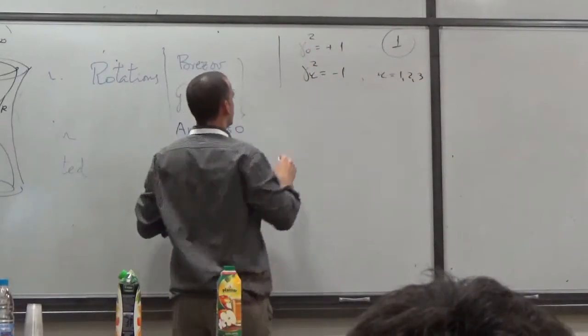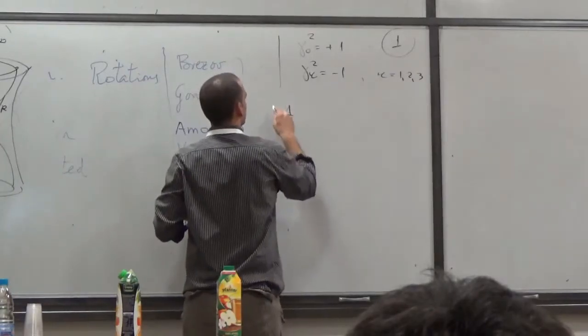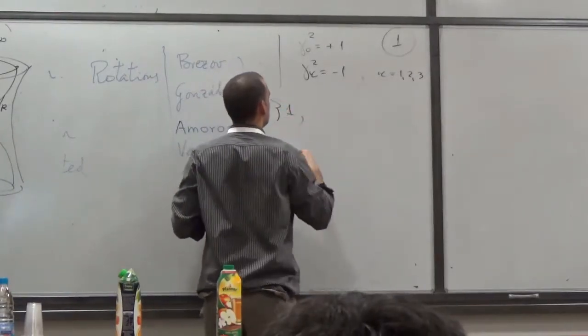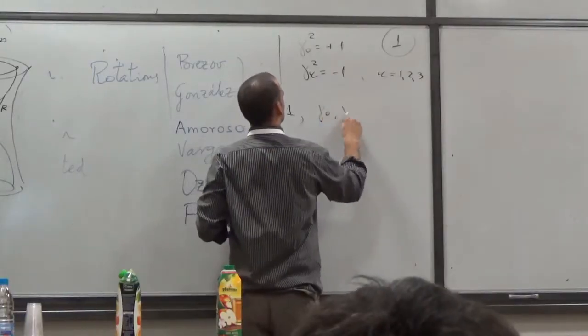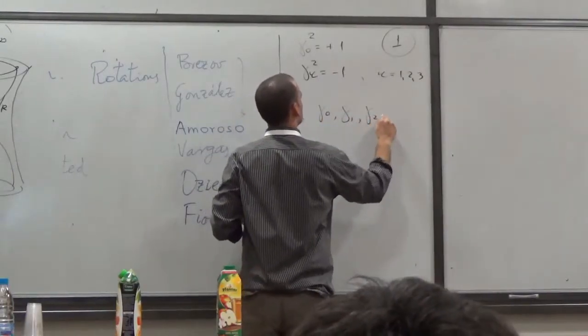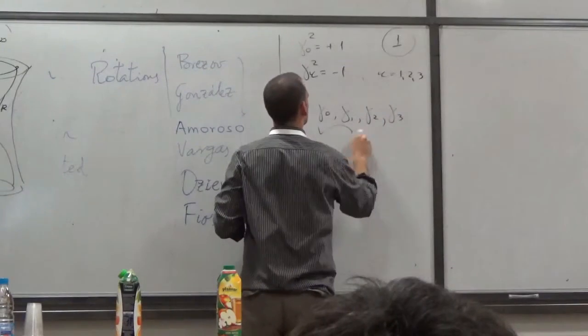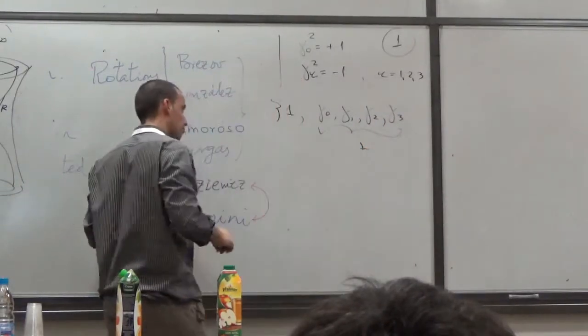So what basis can we have? We have the identity element, we have gamma 0, gamma 1, gamma 2, and gamma 3. Those are the grade 1 elements.